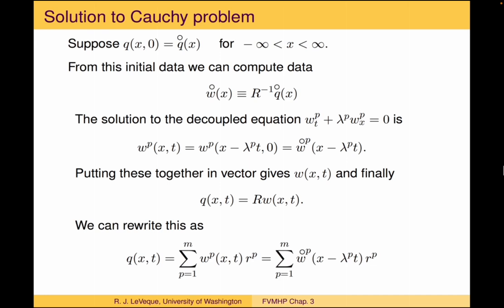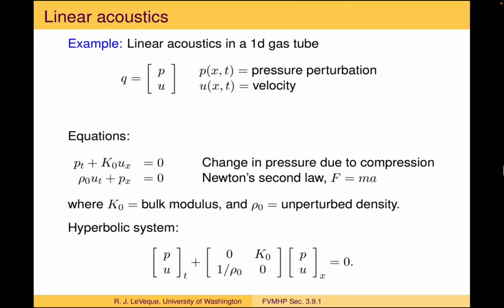So we can also rewrite this as q is a linear combination of these fixed eigenvectors rp, where the wp of x,t is the characteristic variable at x,t, and again by the fact that those satisfy advection equations, that's just wp0, the initial value of wp at x minus lambda p t. So this matrix vector product we can also think of as a sum of waves propagating at different speeds. So let's see how this applies to linear acoustics.